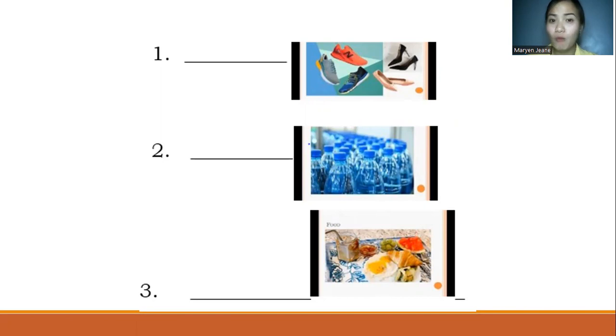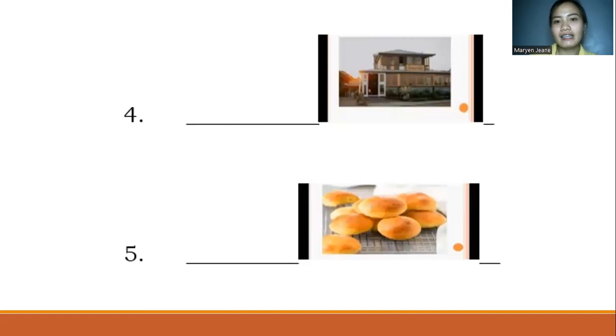Is it a want or a need? Number 4, the picture shows a house. Is it a want or a need? And number 5, the picture shows a bread. Is it a want or a need? Now, you may write your answer in your notebook, paper, or in your module.